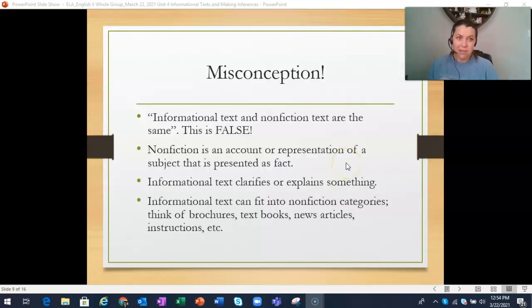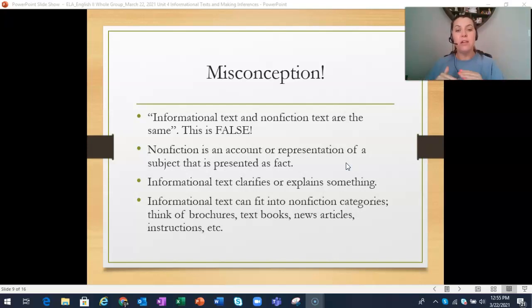The big misconception with informational text is that informational text and nonfiction text are the same thing, and that's false. Nonfiction is an account or a representation of a subject that is presented as fact. It may not actually be factual. It just has to be presented as fact.